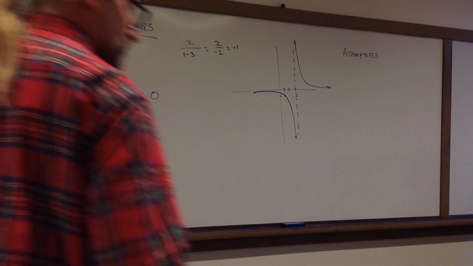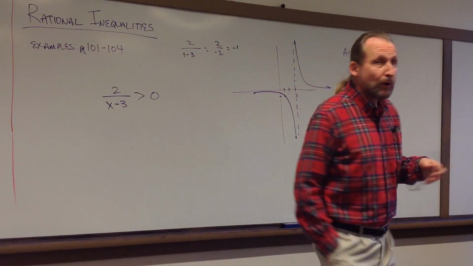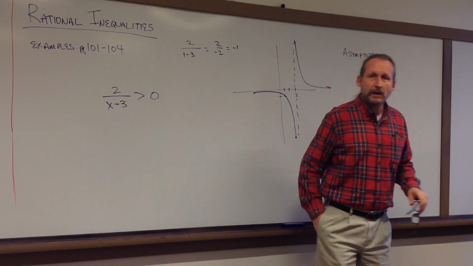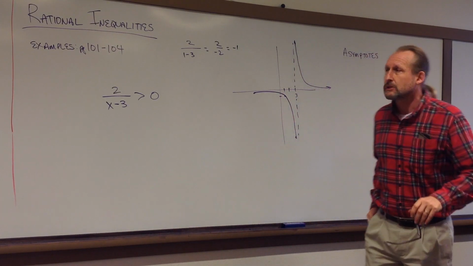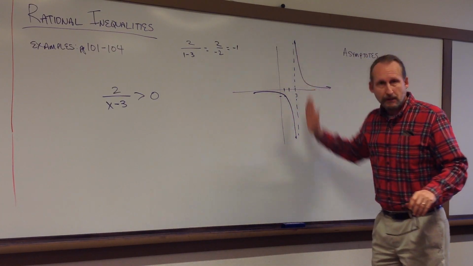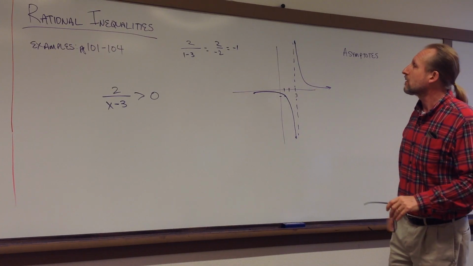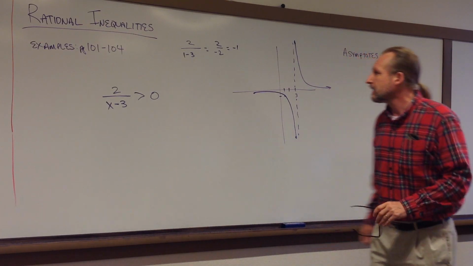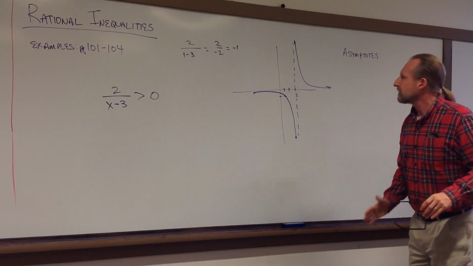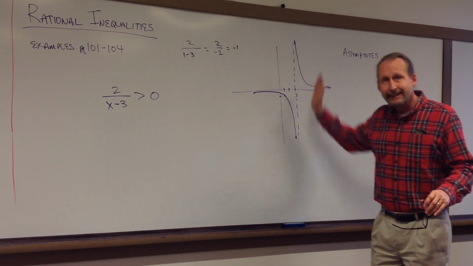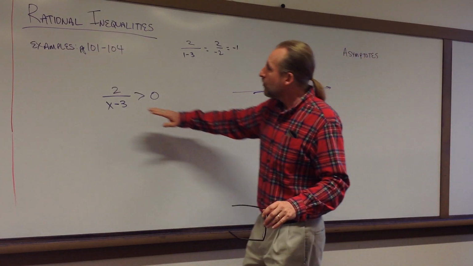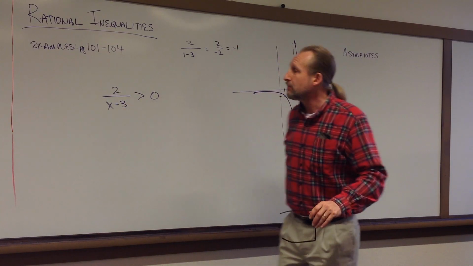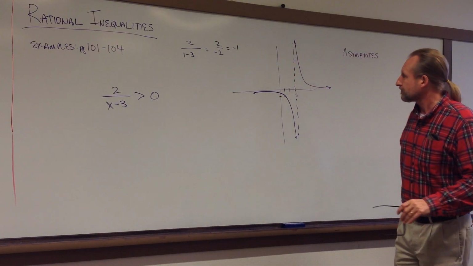You notice it doesn't show up on the calculator. If you have one of the older calculators that have the black plastic case, you will see a line where those asymptotes are. Okay? The newer ones, they've taken that out. It doesn't make a whole lot of difference. You should still be able to see that gap, and you can also know where that should be, because that's going to be where the denominator is 0.